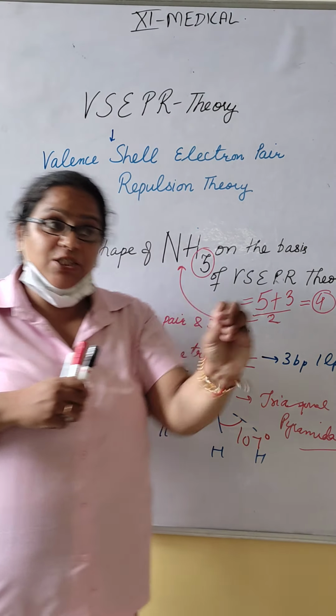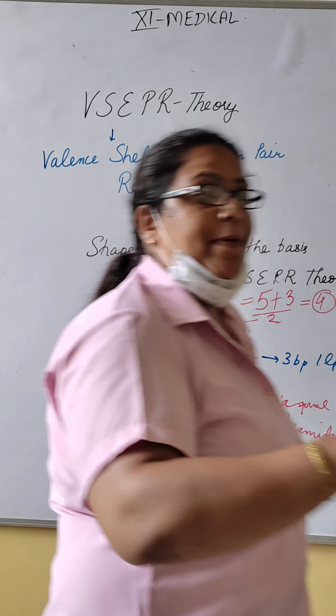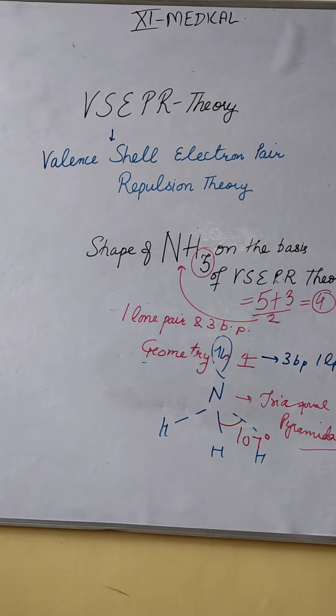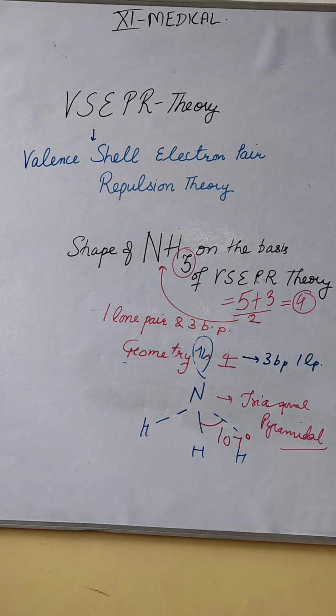You have to mention this very important point: lone pair-bond pair repulsions are greater than bond pair-bond pair repulsions. That's why its bond angle decreases to 107 degrees.